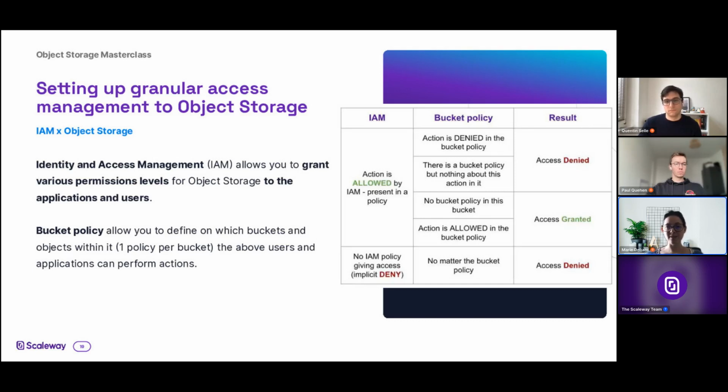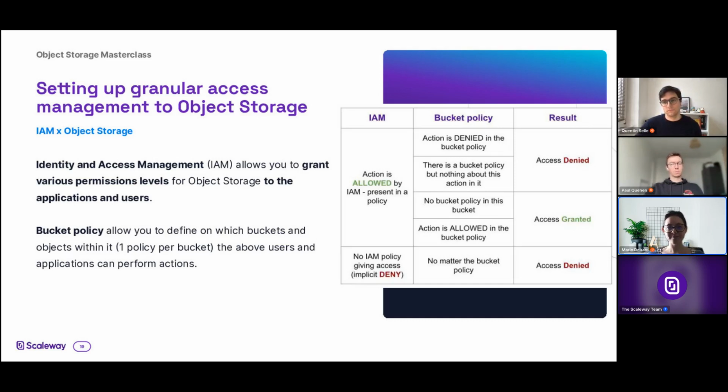So here we're missing the resource granularity. What brings that answer is bucket policy. Bucket policy will allow you to define, and there is one specific bucket policy per bucket, on which buckets and objects the above users and applications who have been granted access through IAM can perform actions.